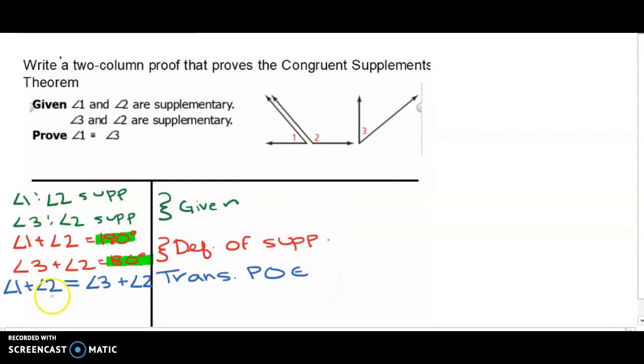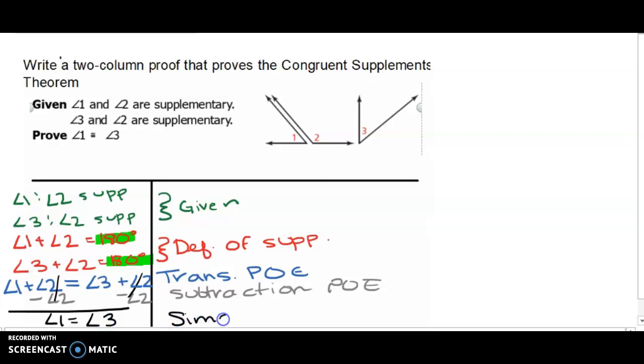Now, notice I have this 2 on both sides. I could subtract an angle 2 from both sides. Subtraction property of equality. Anytime you subtract the same thing from both sides of the equation, that's the subtraction property of equality. And then when I simplify this, I get angle 1 equals angle 3, and that is simplify.